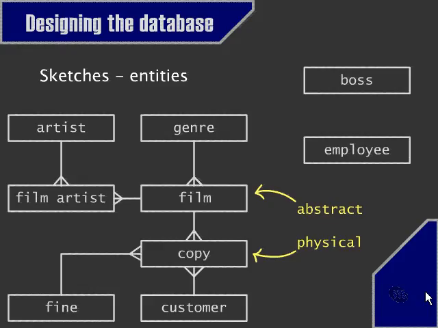The film entity is essentially all the information about the film itself, and all the relationships with genres and the artists that made that film would all be kept connected to the film entity. By creating a copy entity, we have one row on the table for one literal physical object. This is much better for tracking where a video has gone and so on.